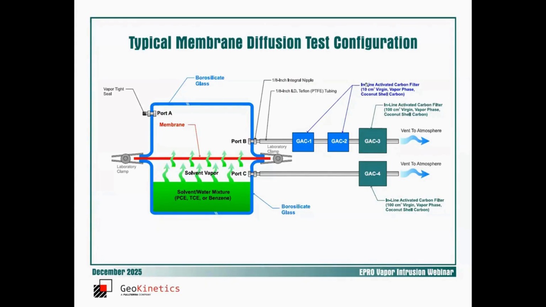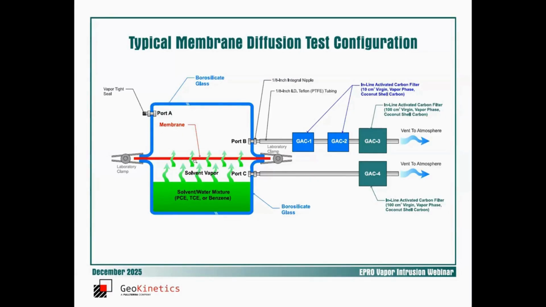First topic, chemical compatibility and transmission rates. We've been measuring both diffusive and convective transmission across membranes since the 1980s, and have had tests running continuously since the 1980s in some cases. This is the typical test setup that you see here.